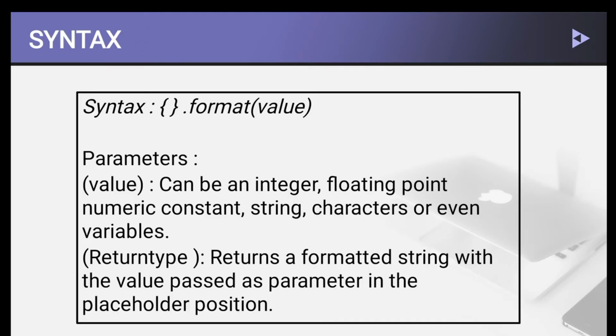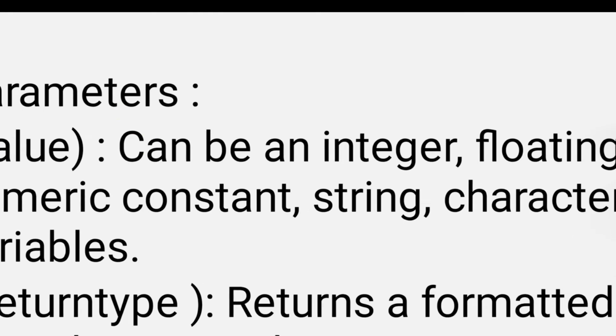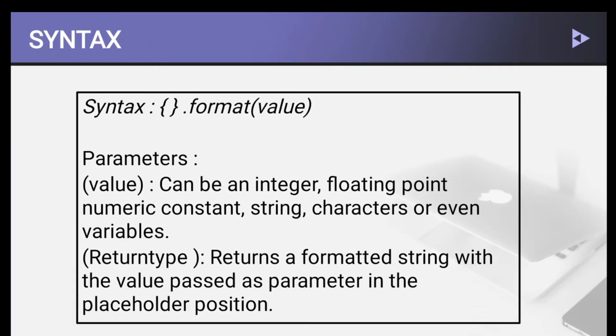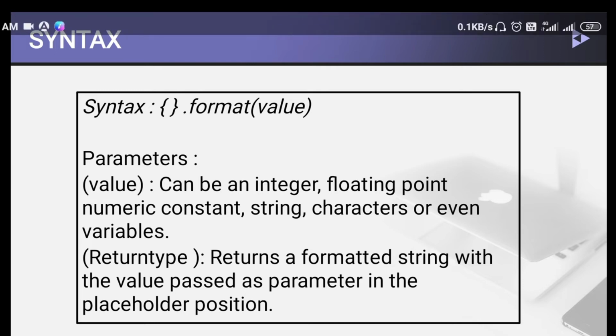The syntax is just place the placeholder, a dot format, and specify the value. It will take the value, and inside this placeholder we can pass parameters, like we invoke the function printf, which we discussed earlier in the percentile module.